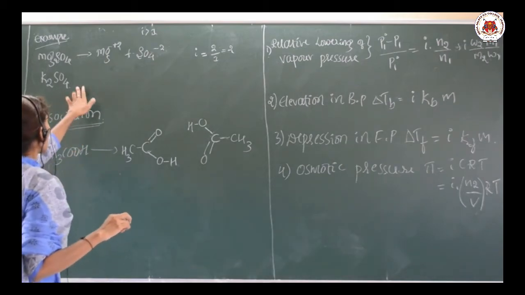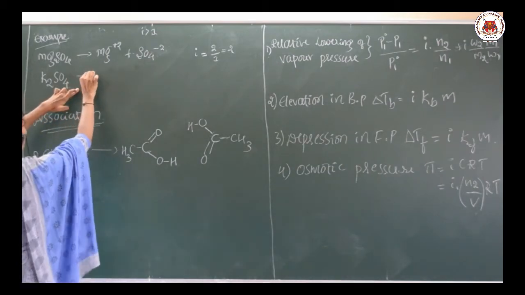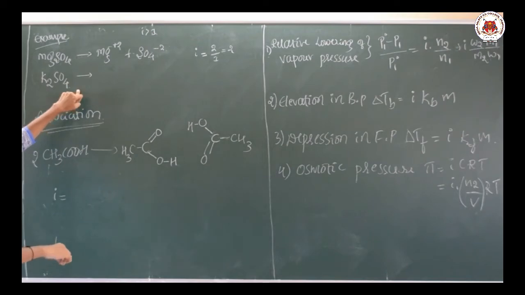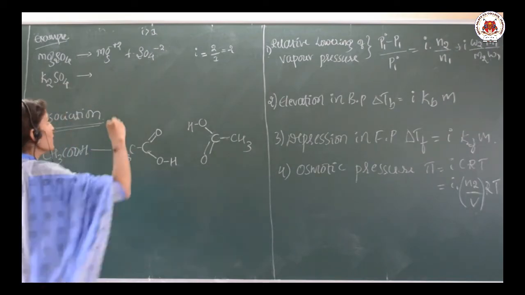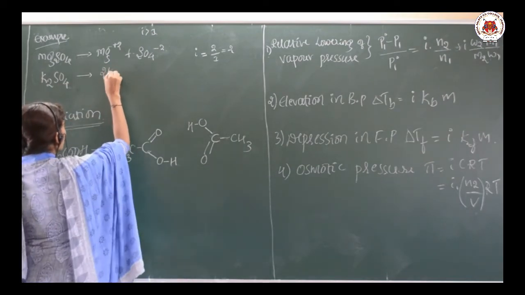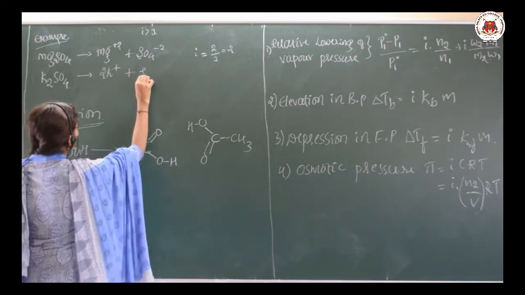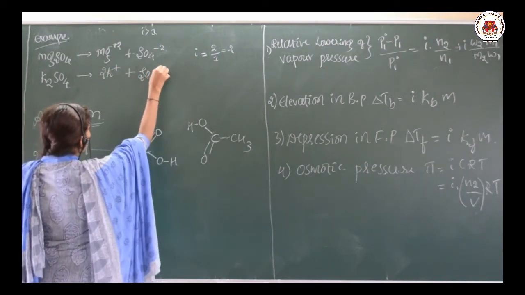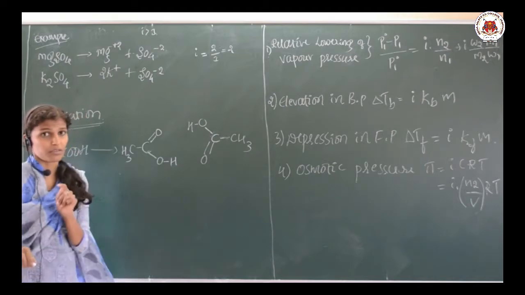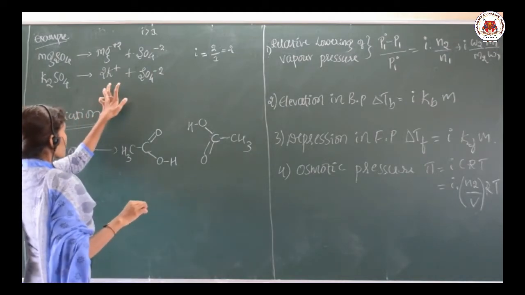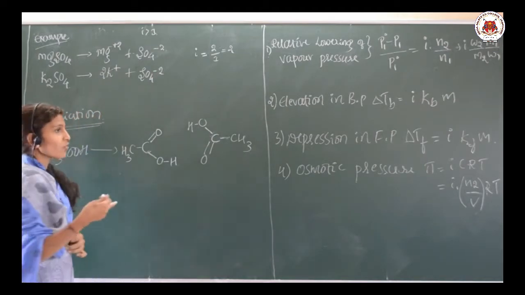Okay. Let us go for one more example. K2SO4, how is it going to dissociate? 2K plus and SO4 2-. Keep in mind how it dissociates: 2K plus and SO4 2-.